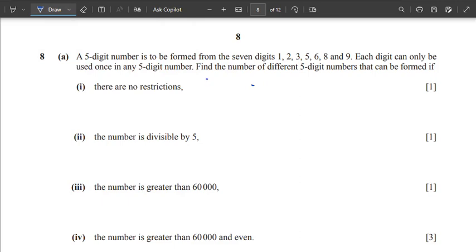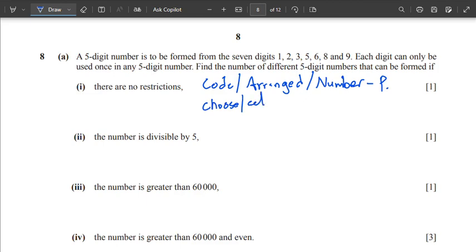If you see words like code, arranged, or number, something related to that, this is permutation. But if you see words like choose, select, or team, something like that, it's usually combination.